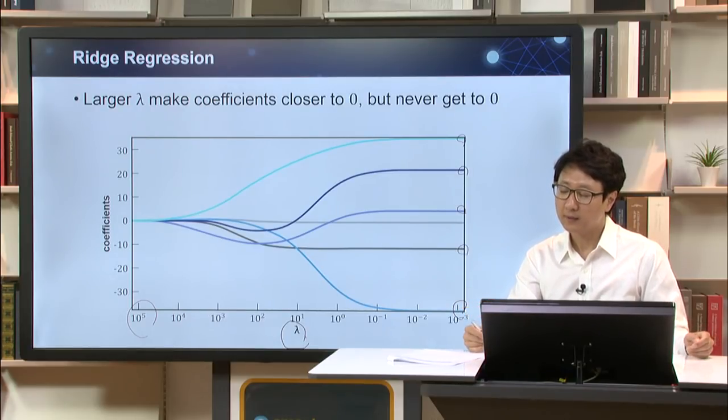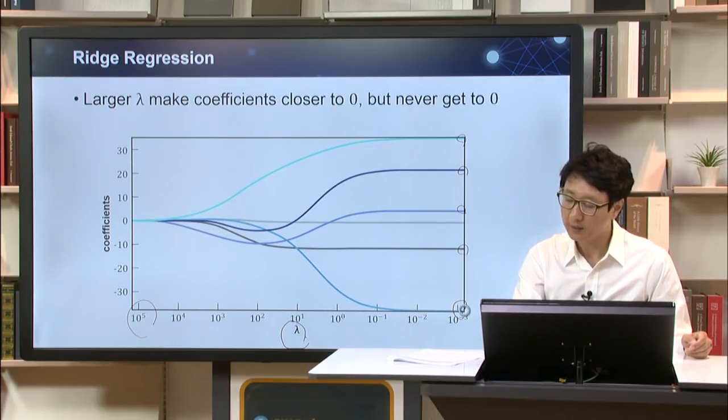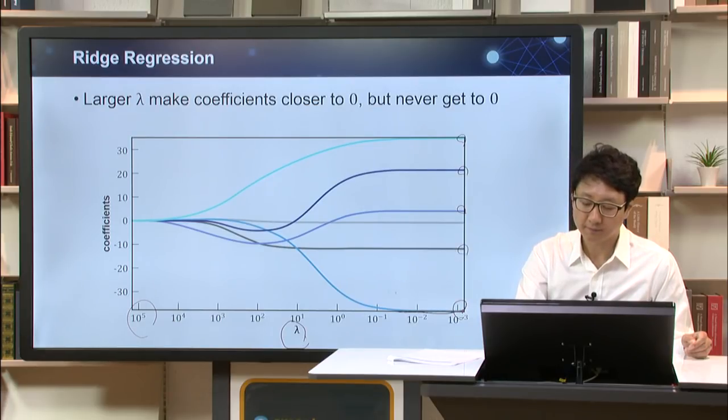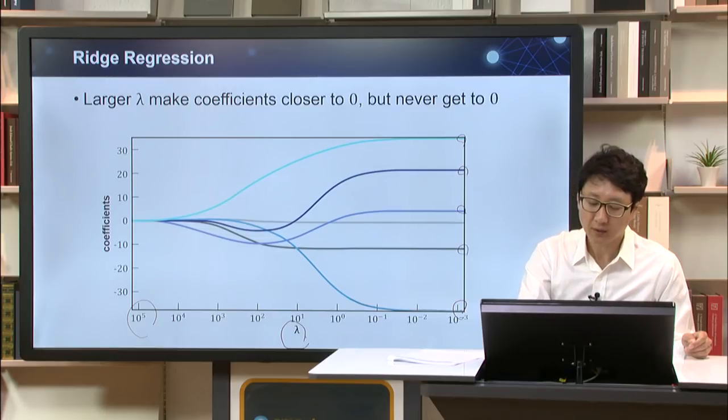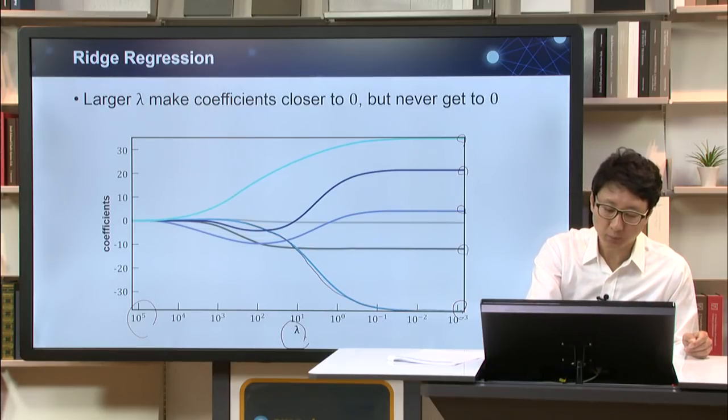More importantly, different coefficients move toward 0 differently. This blue coefficient initially has a very large value, but it very quickly drops to the 0 point, almost 0 at this point.